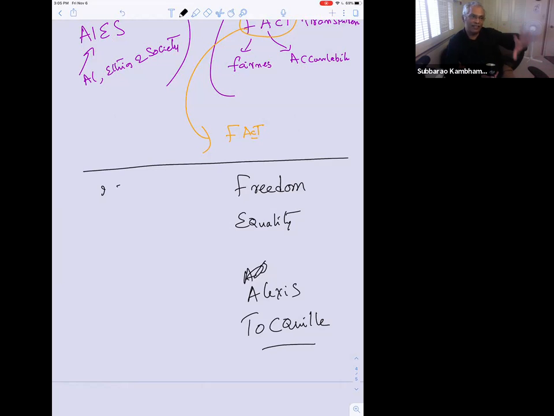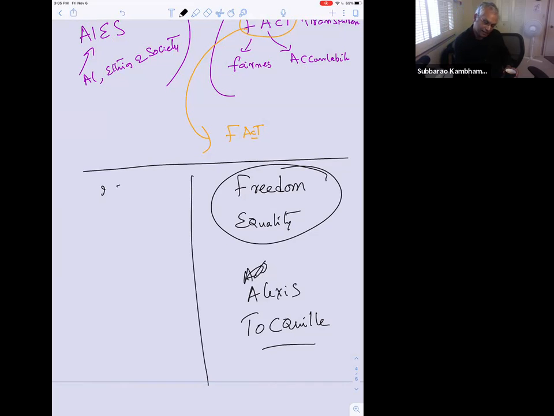But even with respect to all men are created equal, there are all sorts of interesting issues in practice. And Alexis Tocqueville was talking about how freedom versus equality plays out in a dynamic, vibrant democracy like the USA. Because up until then, they didn't have any big democracy going. And it's a very interesting study.